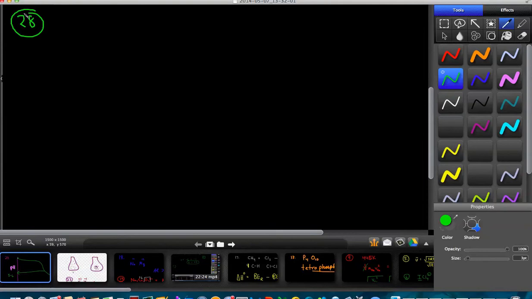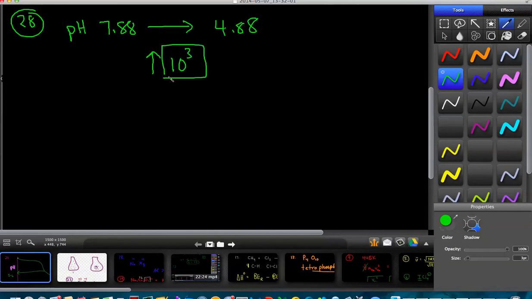On to number 28. If I'm decreasing the pH from 7.88 to 4.88, the hydronium ion is going up by a factor of 10 to the third, not by a factor of 3.